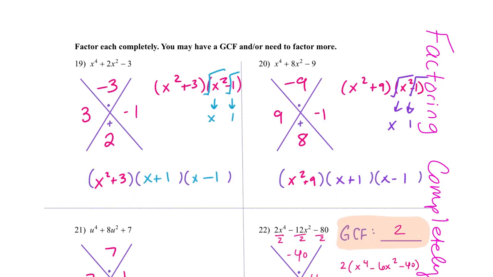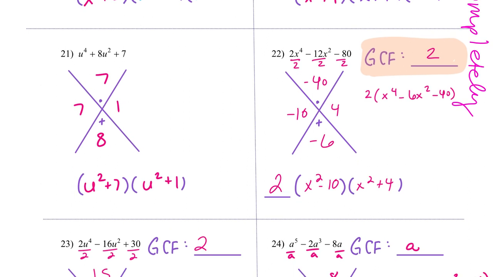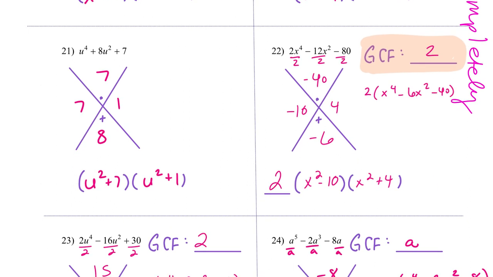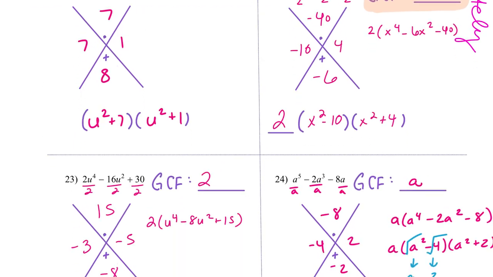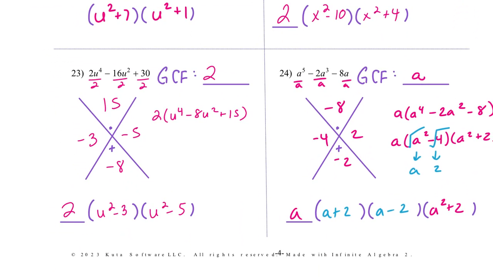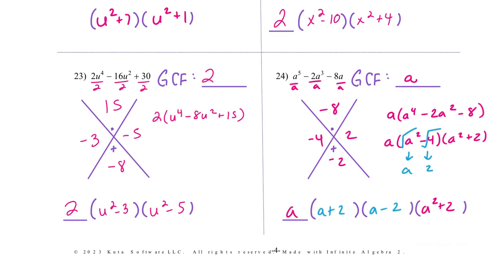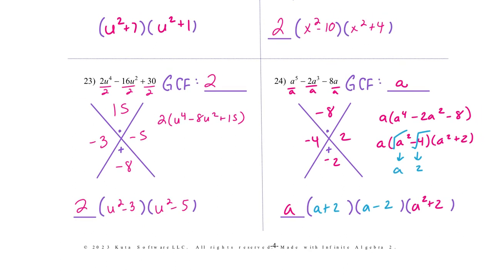All right, so let's check our work to 19 and 20. 21 and 22. And 23 and 24. You have the answer key to the practice in case you need it.